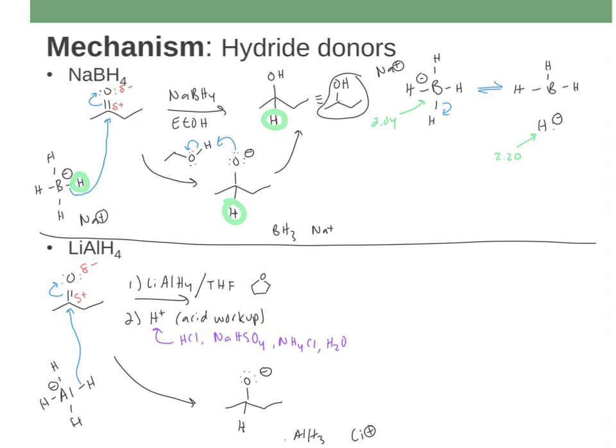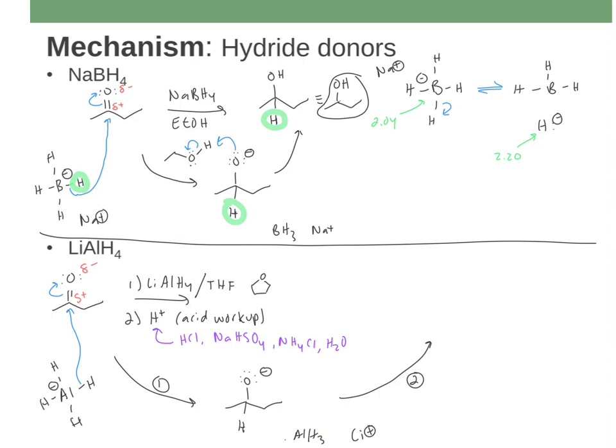Now this is all the stuff that happened in step 1. This is where it stops at step 1. The oxygen probably adds into the aluminum and stuff. We don't really need to worry about that, but you're stuck here at the alkoxide. This is where your step 2 stuff comes into play. This is where that acid workup comes into play.